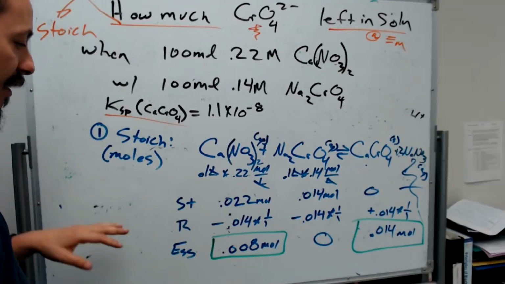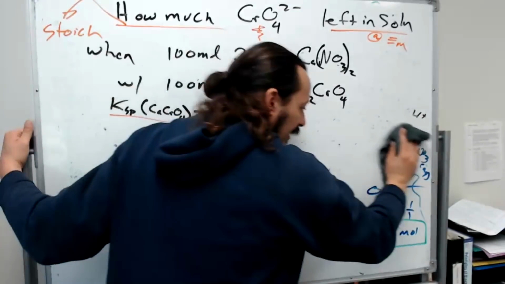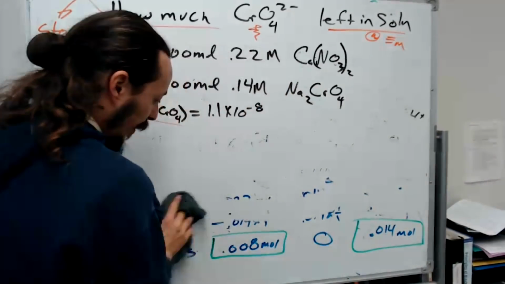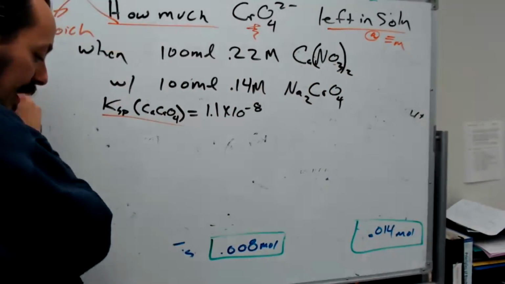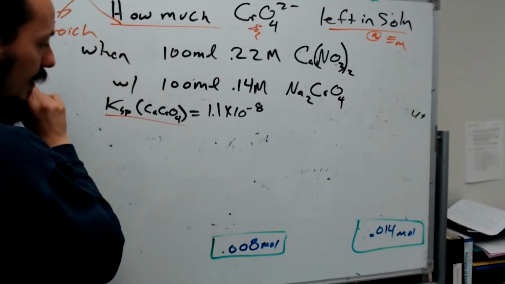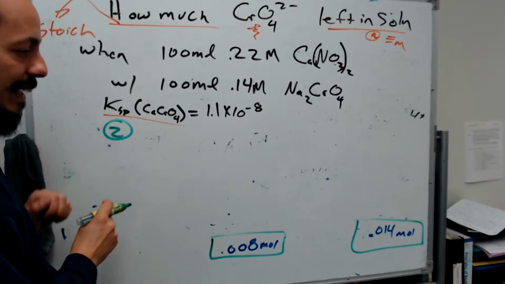Okay, so let's go ahead and get to step 2. I'm going to leave those things in the green boxes. Help me remember what they are, because they are going to be the things I put into my initial step for my equilibrium. So step 2, I'm going to do my equilibrium, right?